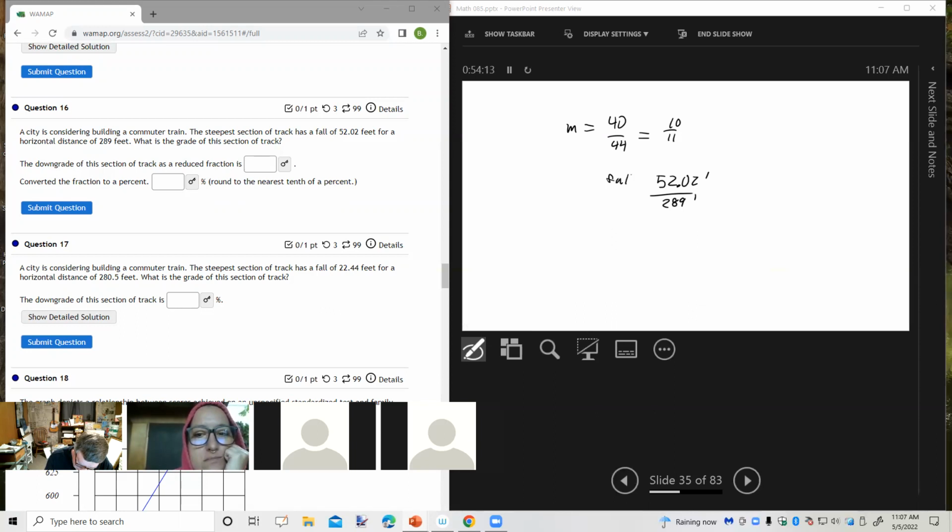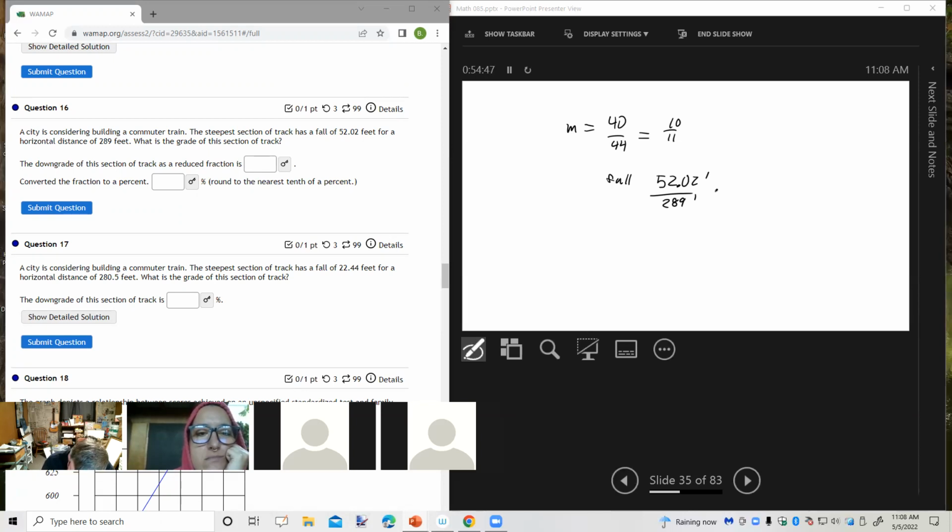So it's got a fall of 52.02 feet and for a horizontal distance of 289 feet. What is the grade of this section of track? All right, a grade we use a positive number for, but notice the instructions, it says the downgrade. So the downgrade is going to tell us that it's going down, but we'll still use a positive number. All right, so I've got 52.02 over 289.